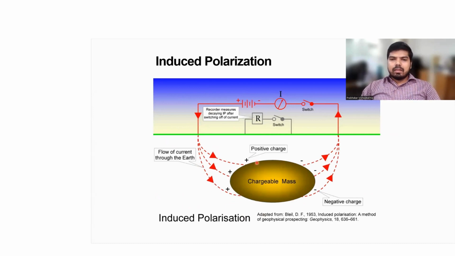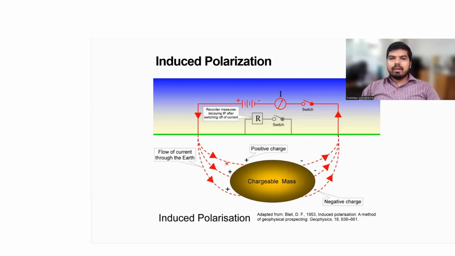Then the material inside the earth has a tendency to absorb some positive and negative ions on the surface of the body, and this induces a voltage difference which is measured in the absence of current.